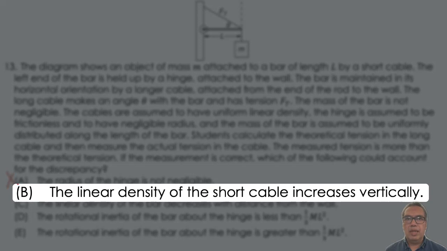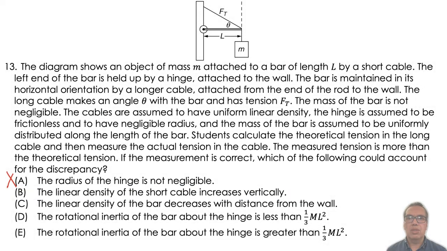The second case does not account for the discrepancy because the density of the short cable does not affect the force vector. Therefore, it does not affect the clockwise torque exerted by the tension.